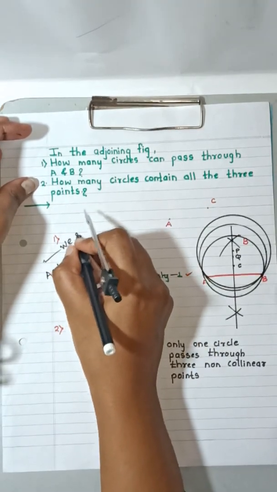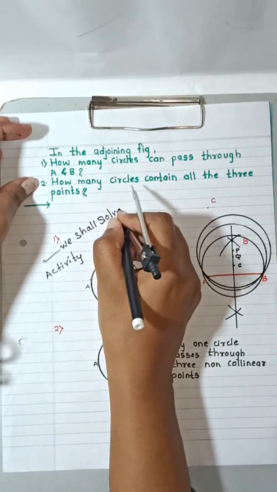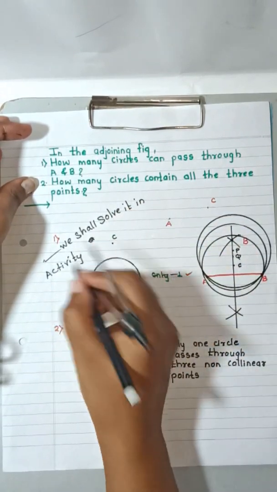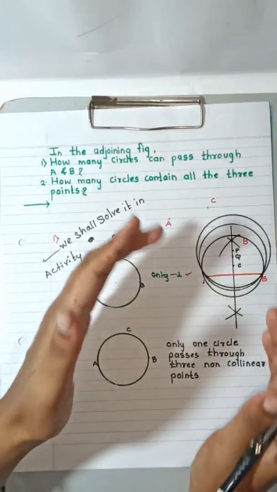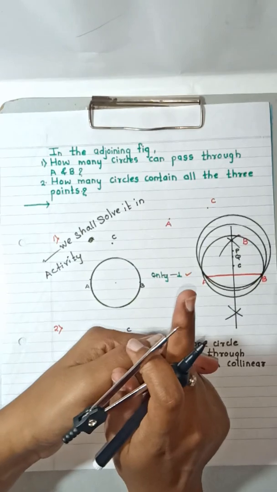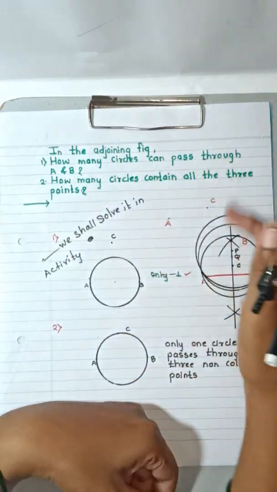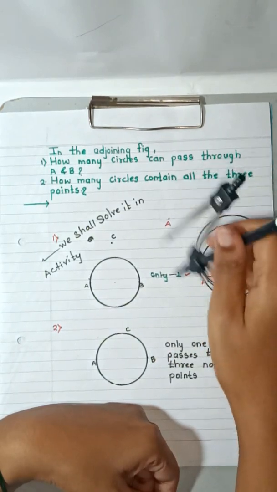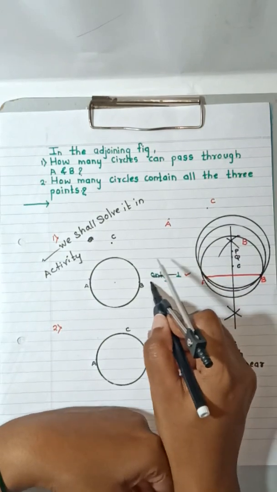We shall solve it in activity. Okay, so have you understood here? From 3 non-collinear points, only one circle can pass. First question, how many circles can pass through AB? When they have given only these 2 points, you can draw innumerable circles. I'll write down here innumerable.